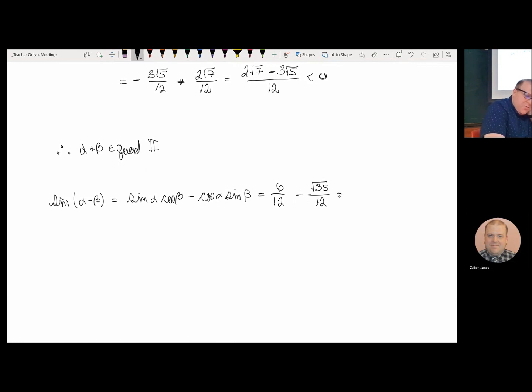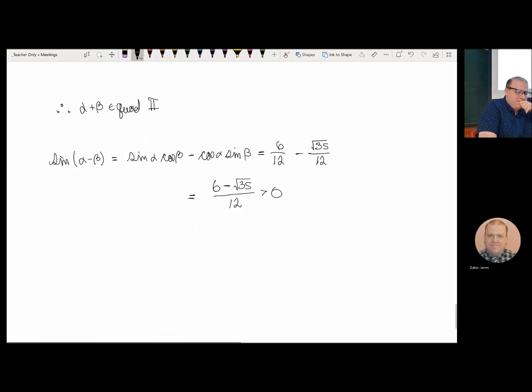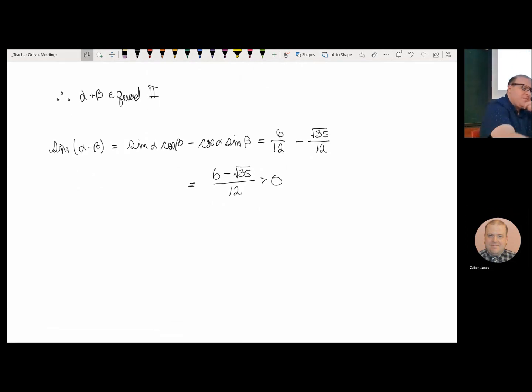Sine of alpha minus beta will wind up being 6 minus root 35 all over 12. Is that going to be positive or negative? Just positive. It's just barely positive. But this is either horseshoes or hand grenades, because that's the only time that close counts.